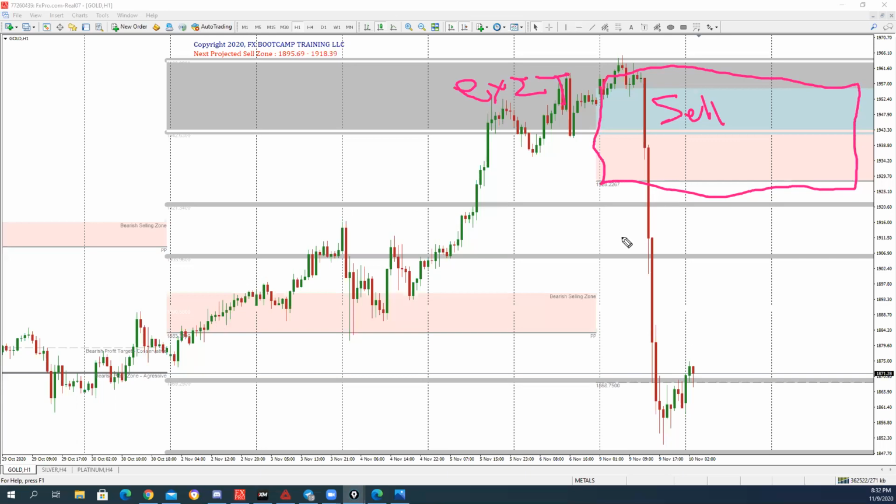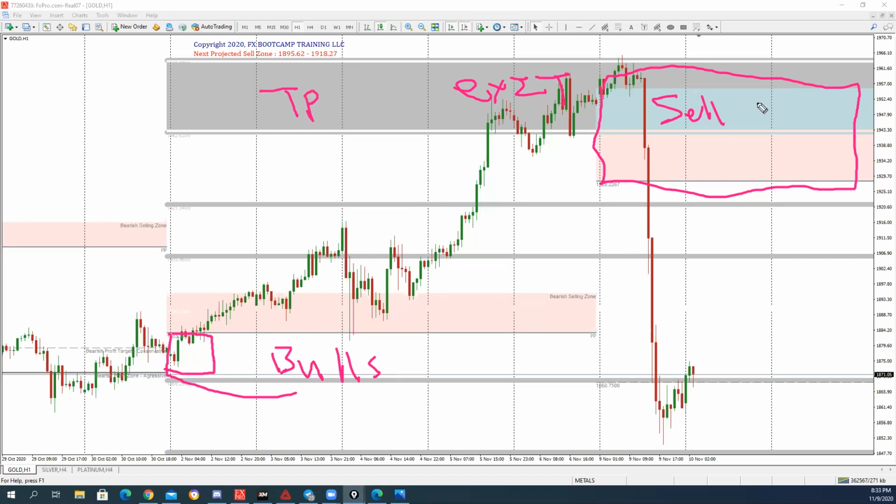And also I'm going to flip the template and show you that right here. Excuse the drawing. Right here is where bulls should buy, and right there is where bulls are supposed to take profit. Plain and simple.